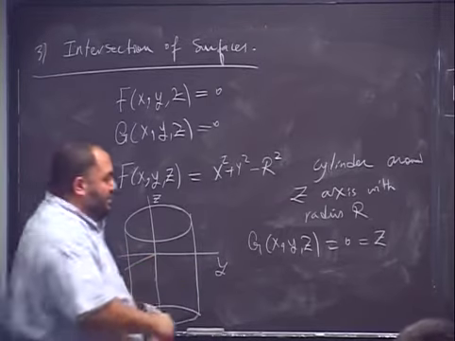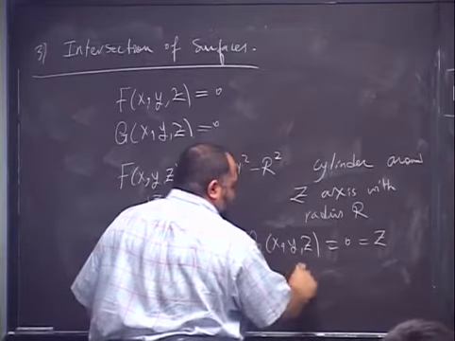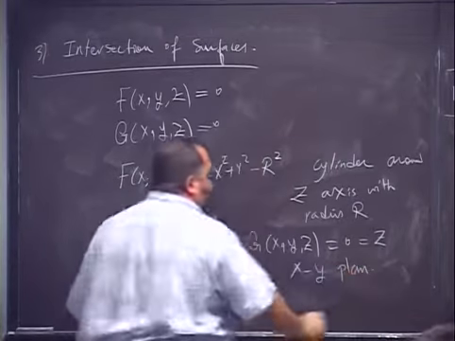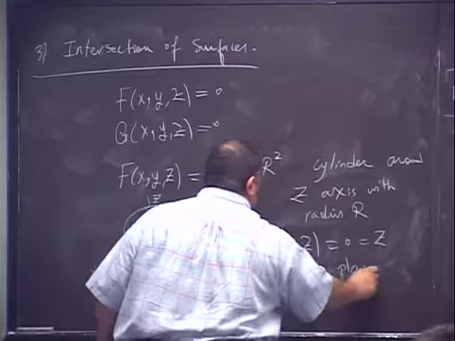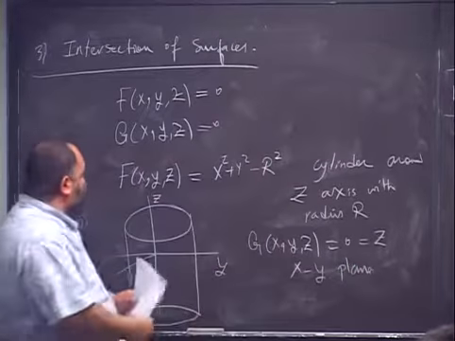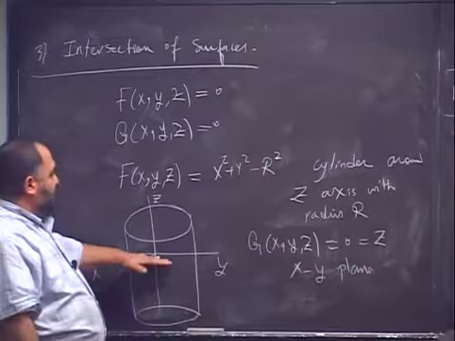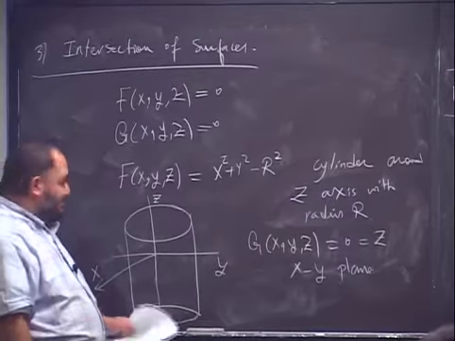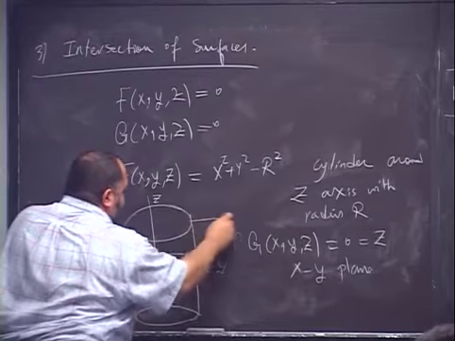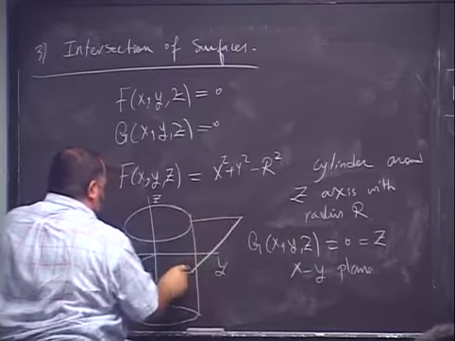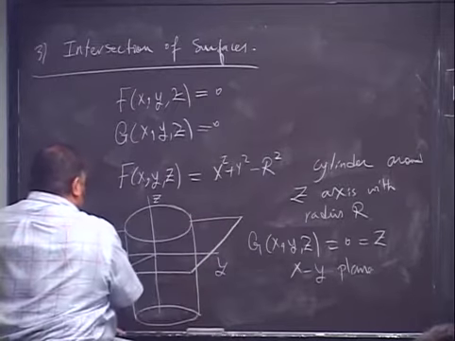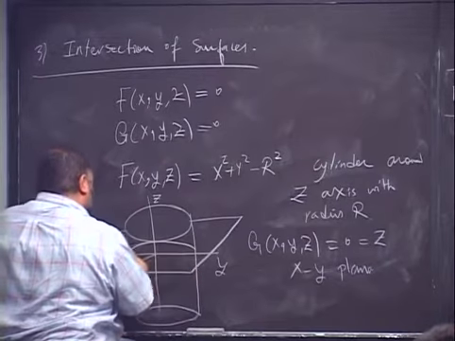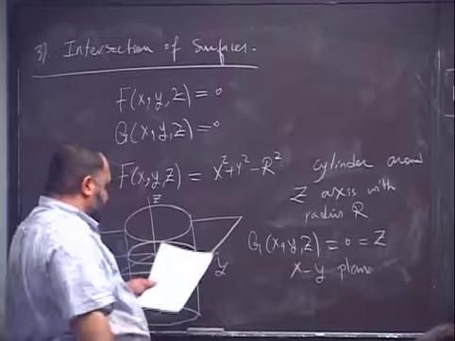So z equal to 0 is the XY plane. The intersection of z equal to 0 with this cylinder will give me what? The intersection will give me a circle like this.